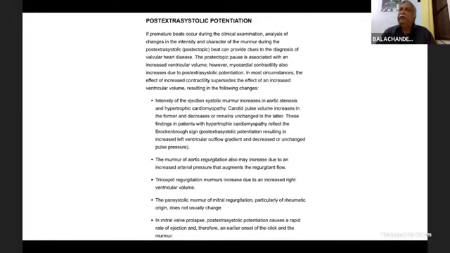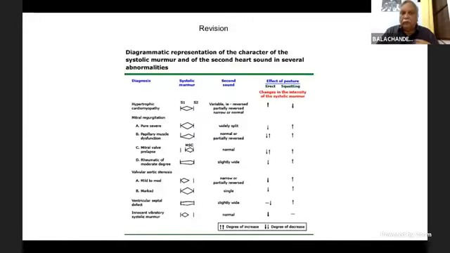Carotid pulse volume increases in aortic stenosis, but remains unchanged or decreases in the latter. This you know very well as the Brockenbrough effect. The murmur of AR may also increase due to an increased arterial pressure. Tricuspid murmurs also may increase, and the pansystolic murmur of mitral regurgitation will not change, and that is how you differentiate on post-extrasystolic potentiation. So this is just a revision slide.